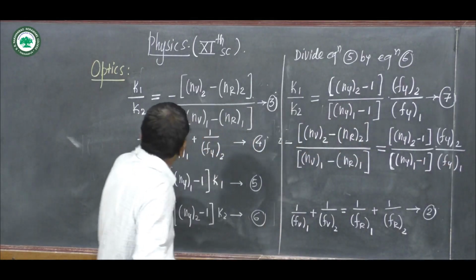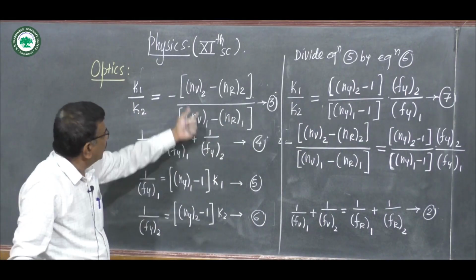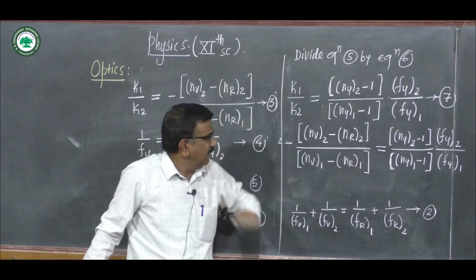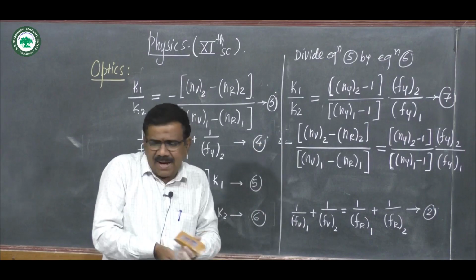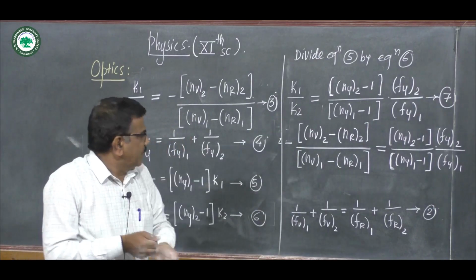Simply equate these two. Left side is same, that is k1 upon k2. So right side must be the same. And we get minus (nv2 minus nr2) is equal to that much part.